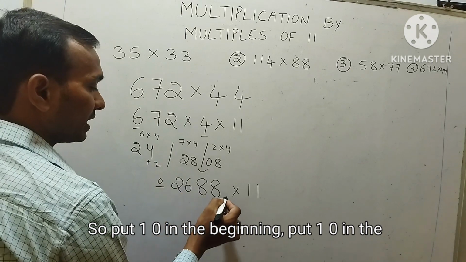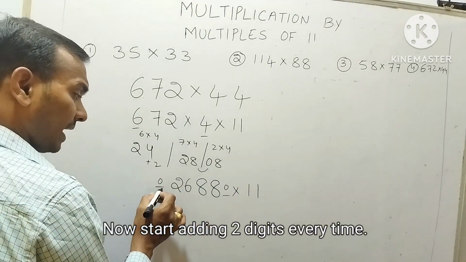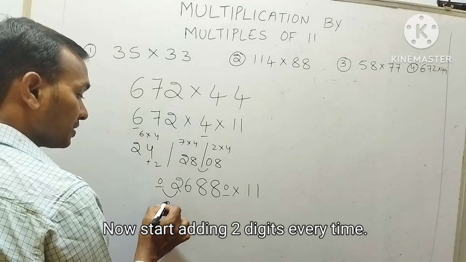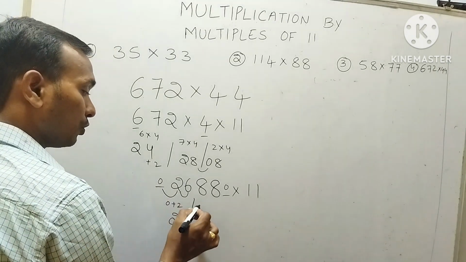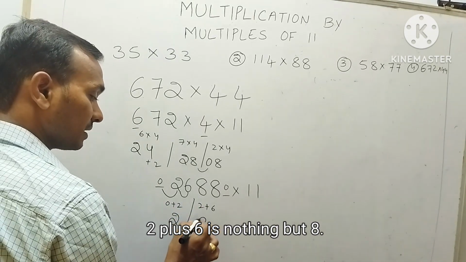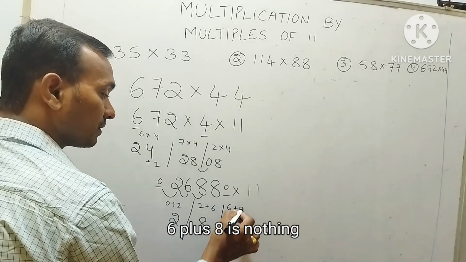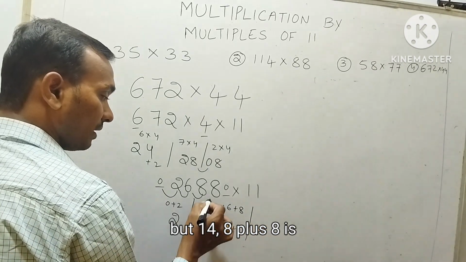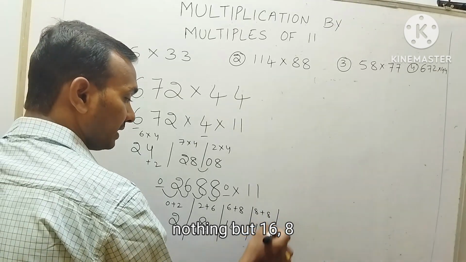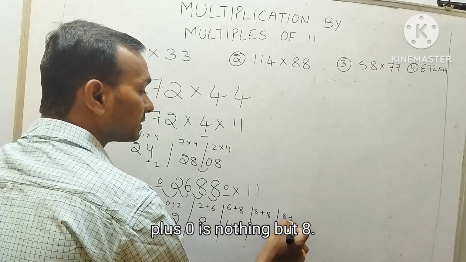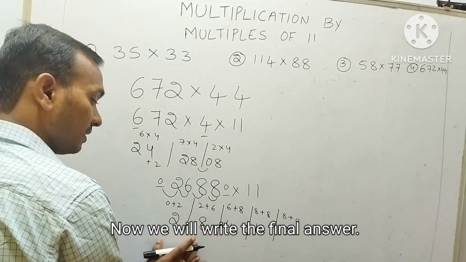So put 0 in the beginning, put 0 in the ending. Now start adding 2 digits every time. 0 plus 2 is nothing but 2. 2 plus 6 is nothing but 8. 6 plus 8 is nothing but 14. 8 plus 8 is nothing but 16. 8 plus 0 is nothing but 8. Now we will write the final answer.